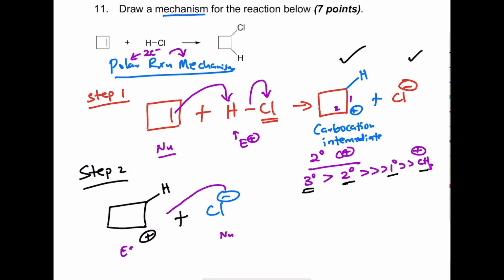So the nucleophile will attack the positively charged carbon, the carbocation, and the end result is that now you have the chlorine connected to that carbon.